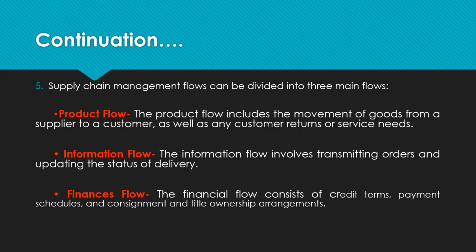Finance flow means movement of money from one person to another. It may be in the form of credit, or payment, where you schedule the payments, or consignment, which is title ownership. It may be an agreement or contract where you will pay later. So there is something relating to payment, consideration or value. Such movement of money we call finance flow.